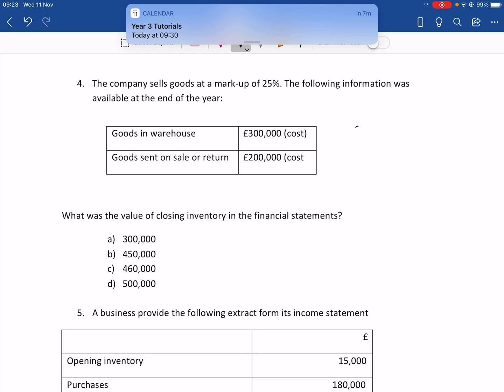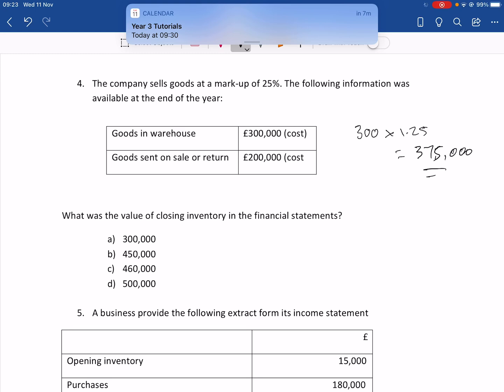So, for example, if our goods were £300,000 as these are, and we had 25% markup, we'd multiply it by 1.25 or 25% on top. So therefore, the answer will be 300,000 times 1.25 will be 375,000. That's if we had a 25% markup.